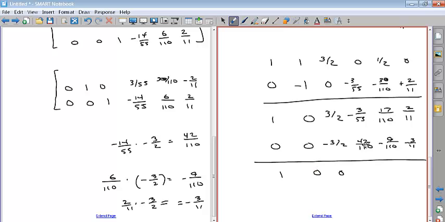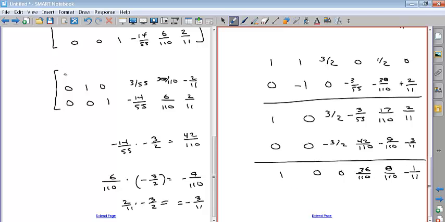So I've got 42 110ths. So this is 55 55ths, so that's 6 110ths. So 42 minus 6 is 36 over 110. Here I've got 110ths, so 17 minus 9 is 8, 8 110ths. And then I've got 2 minus 3, so that's minus 1 11th.